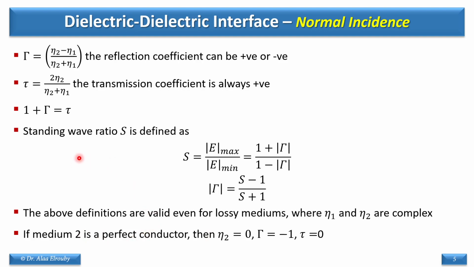If we are handling a dielectric-conductor interface, so media 2 is a conductor, then eta 2 equals 0, which means no transmission. So this is the case of the previous lecture. Tau will be 0 and the reflection coefficient will be minus 1.